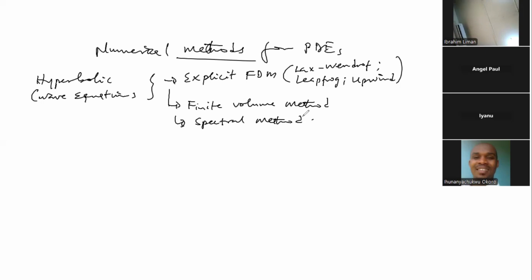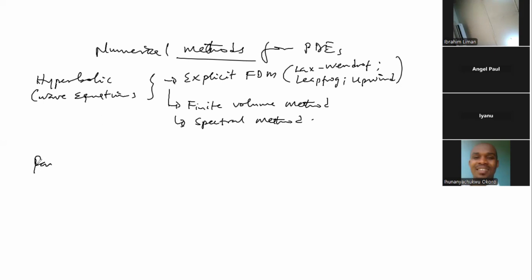We choose them because of their level of accuracy in terms of capturing wave propagation. They are also capable of handling shocks well, and they equally avoid dispersion. And then there are some other methods, okay, you want to also explore.